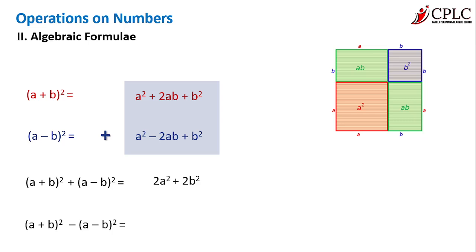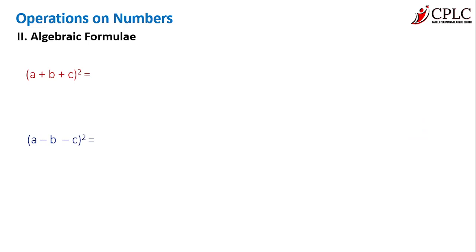Then similarly, the fourth one is we have to subtract both the formulae. So if you subtract them, obviously a square and b square will cancel each other out, and this minus 2ab becomes plus 2ab. So you get the answer as 4ab as the formula.